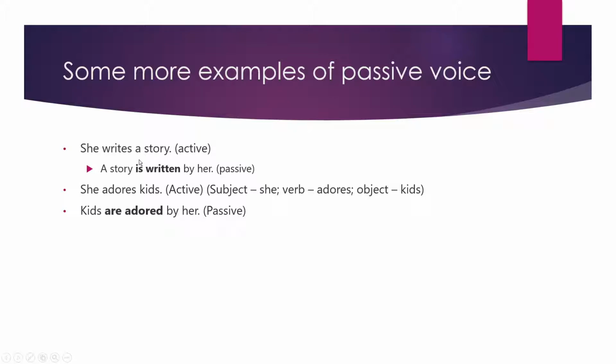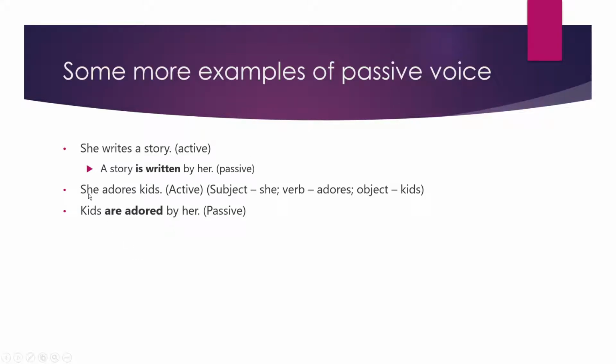So remember, the object of the active becomes the subject of the passive. A story. And then in the active verb, we want to change it to the past participle using is, am, are. Because it's singular, a story is written. When we use by, her. Okay? A story is written by her.